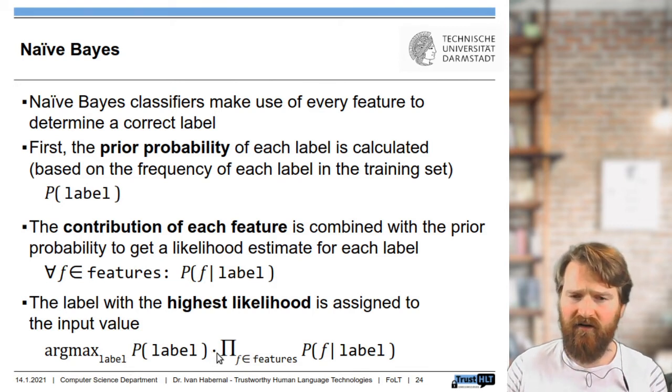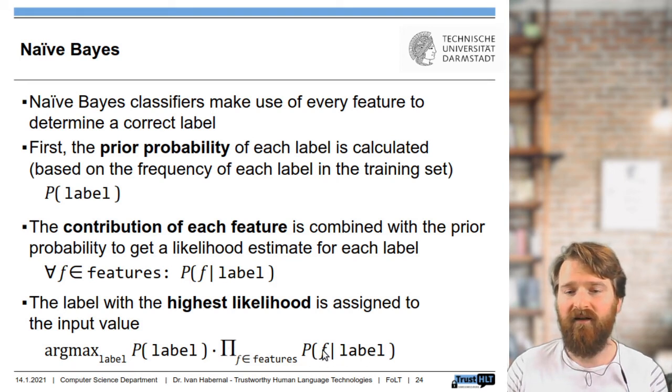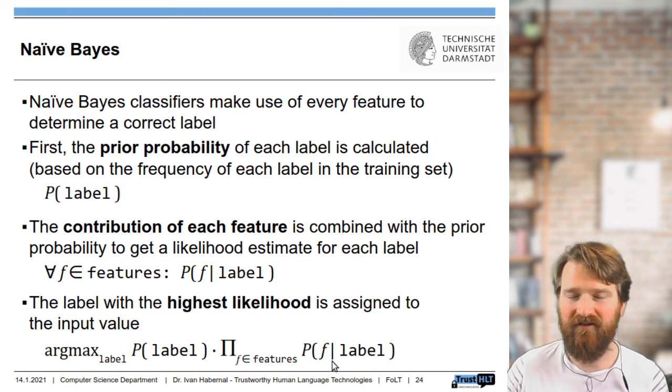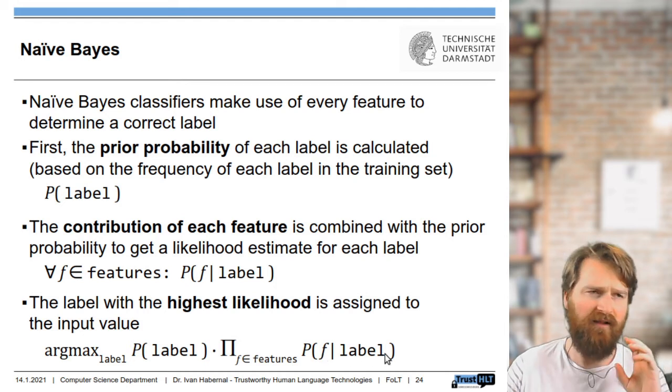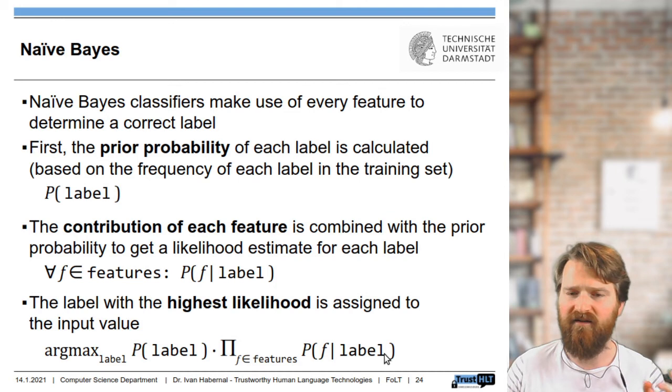What it really means here, the product of all these conditional probabilities, well, it means that the features are independent of each other. Let's do it differently. Labels will be A, B, C, and features will be 1, 2, 3.